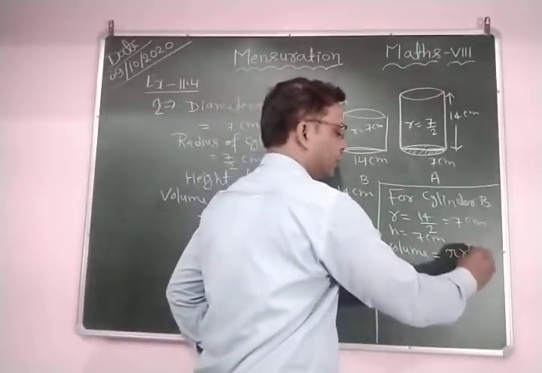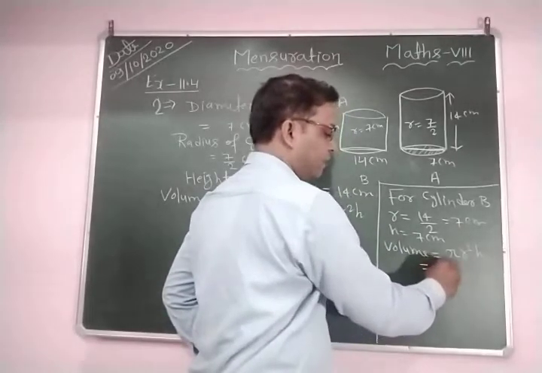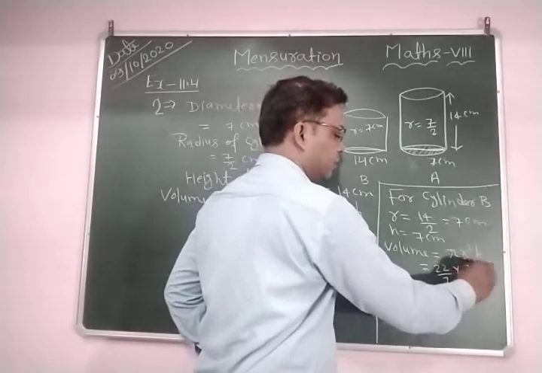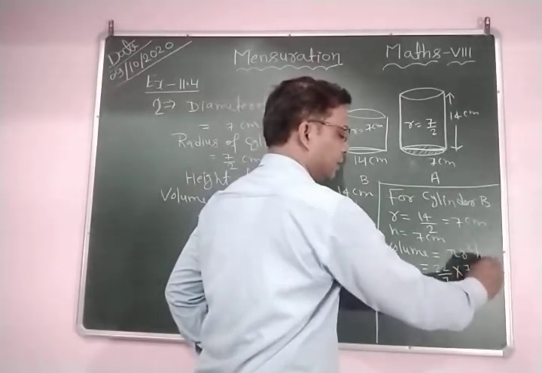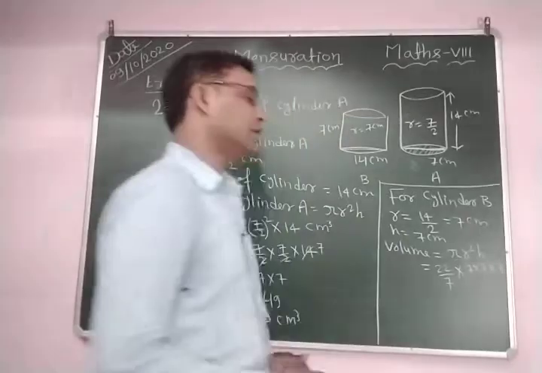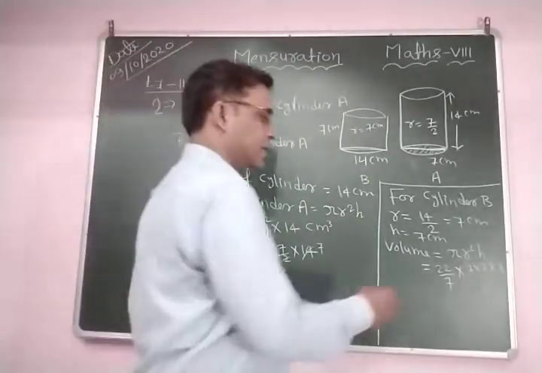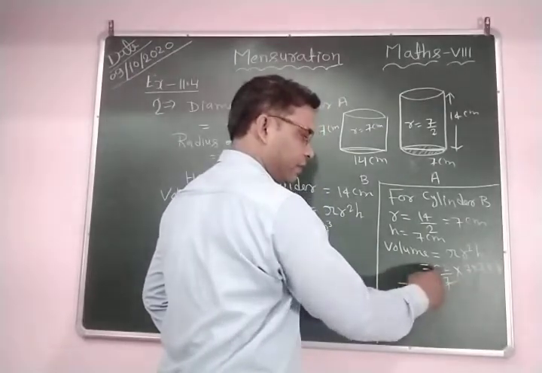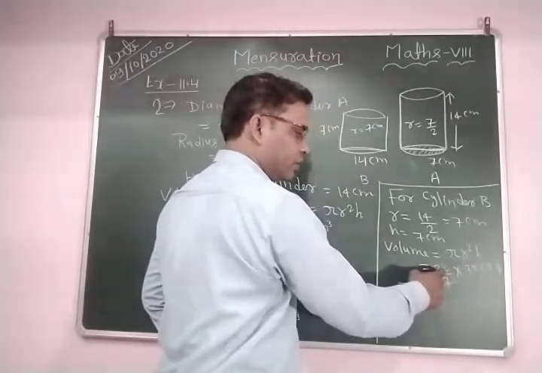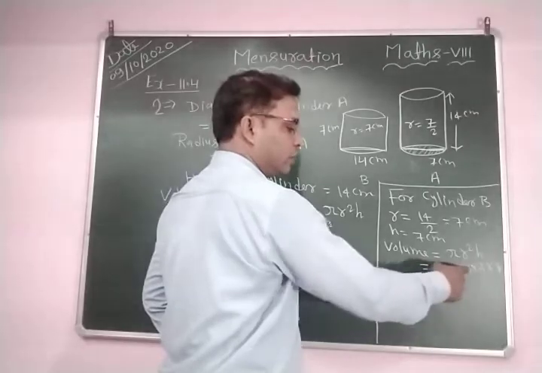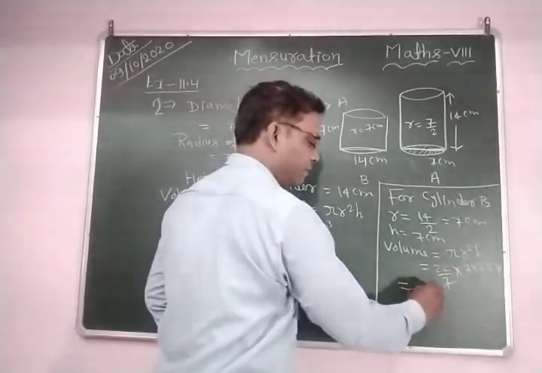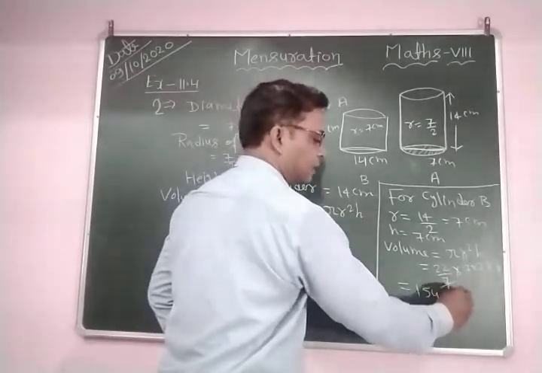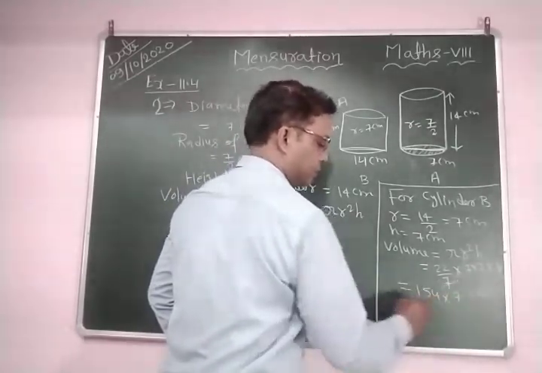The value of pi is 22 by 7, r is 7 into 7, and h is 7. So we can cancel one 7, and we have 7 into 7 into 22. 22 into 7 becomes 154, and 154 into 7 centimeter cube.